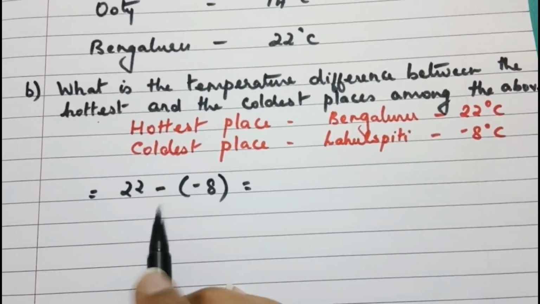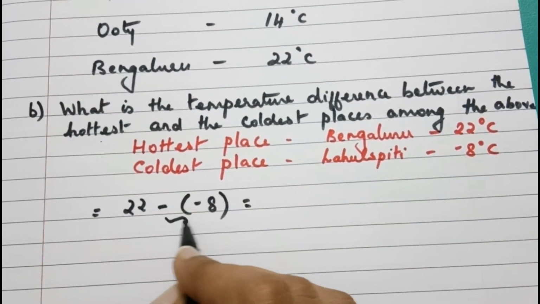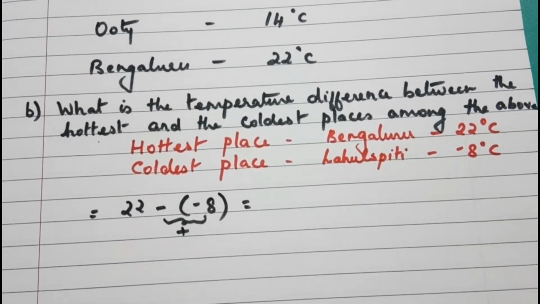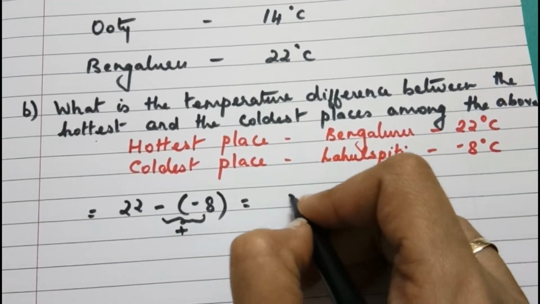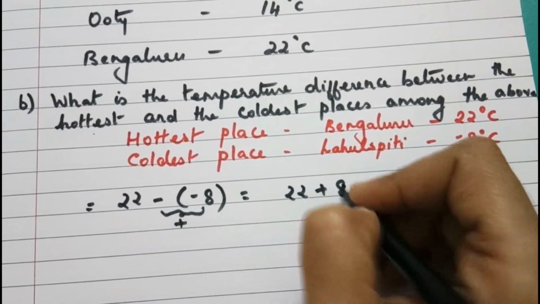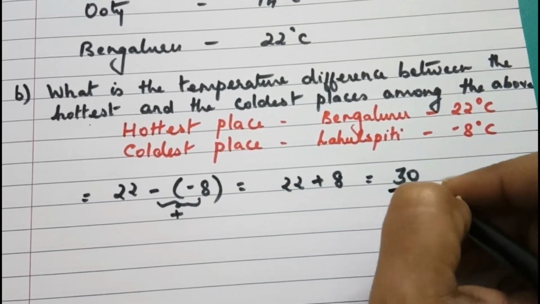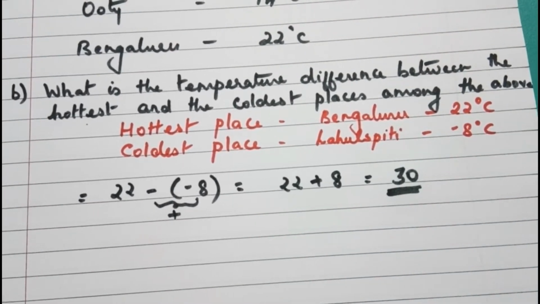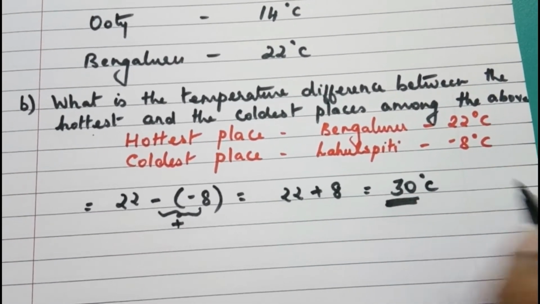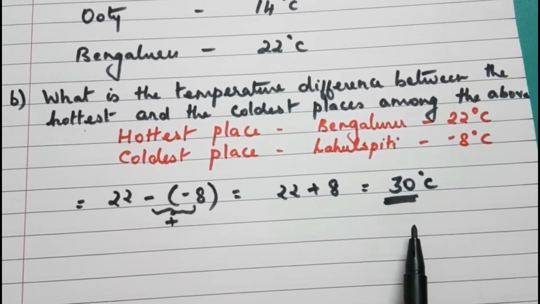Now here, negative into negative becomes positive. So which will be 22 plus 8. And 22 plus 8 comes to answer 30. So what is the temperature difference between the hottest and the coldest place? It is 30 degrees Celsius.